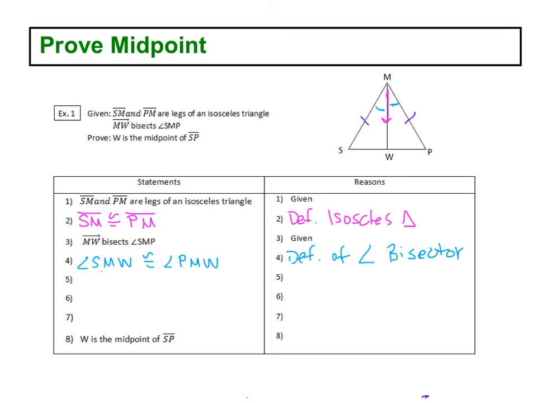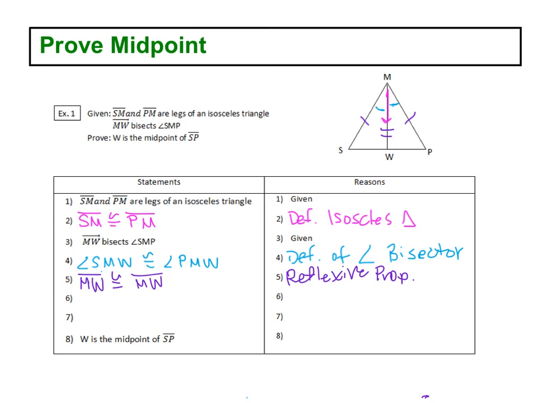And hopefully you're saying, well, duh, that MW, that shared side, is congruent to itself. So our fifth statement is MW is congruent to MW, and we know that that's the reflexive property that lets us do that. Do you guys love this reflexive property yet?